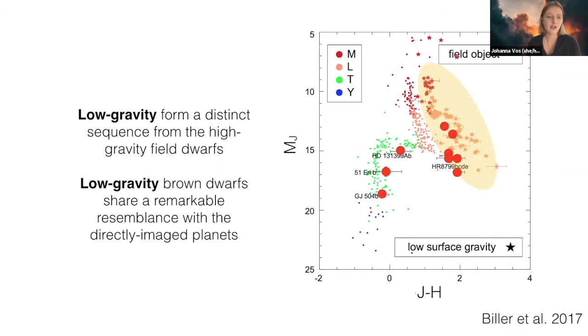The low gravity dwarfs act as really powerful analogs to the directly imaged planets and are much easier to observe. So by studying the variability of these free-floating planetary mass objects, it might provide clues as to what we will expect from the directly imaged planets.